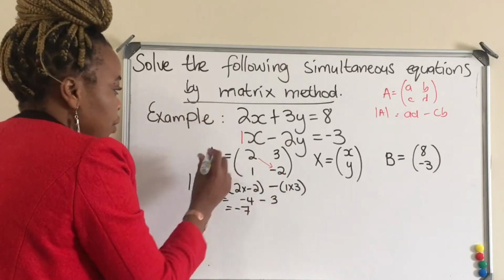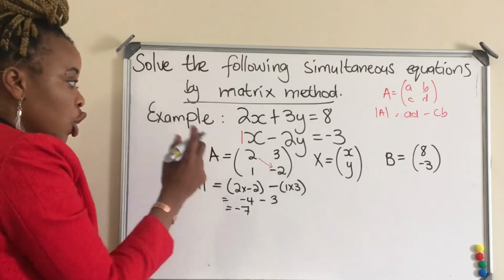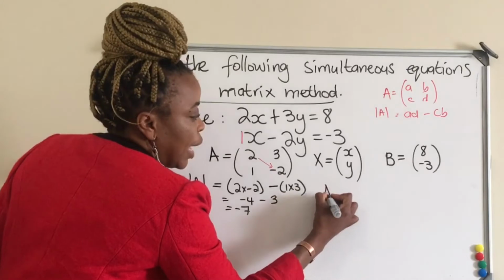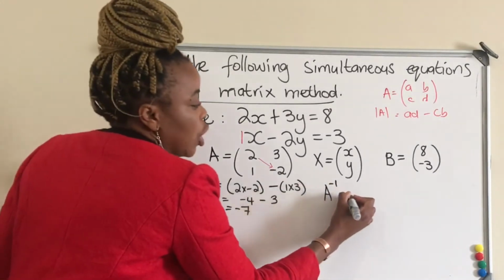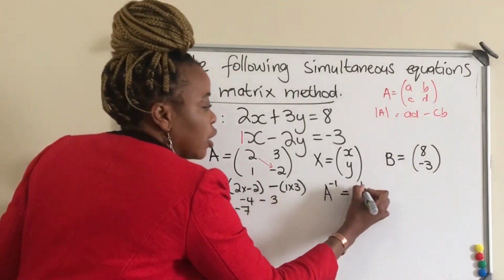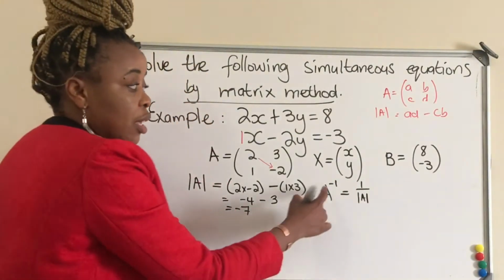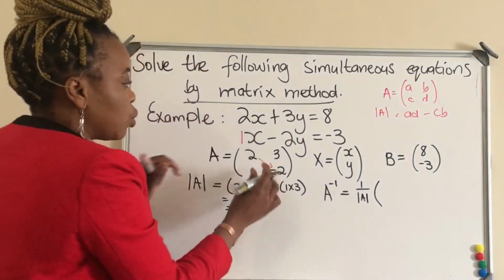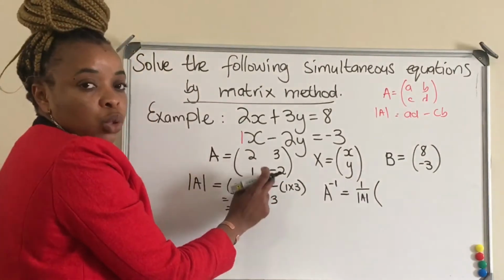So what is the inverse? We are going to get the inverse of this main one, which represents the coefficients. We denote our inverse as A with a superscript -1. Our inverse will be equal to 1 over the determinant. So we always do that to get an inverse. 1 over the determinant times, we go back to the matrix we want to use, and we are going to swap these two.